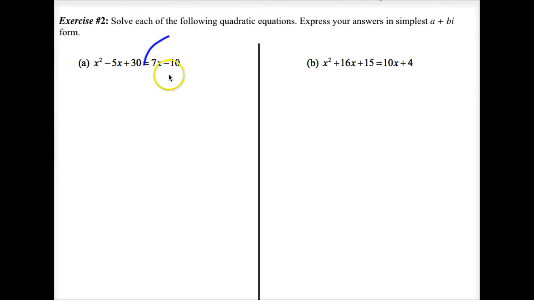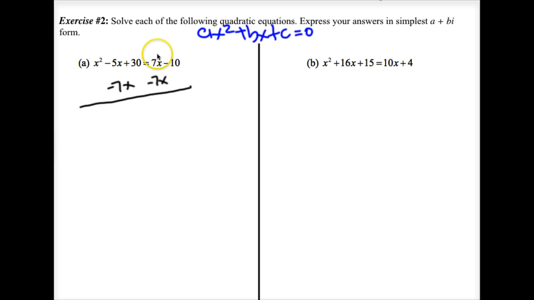Now, when I want to do this, my goal is to get my equation in the form ax squared plus bx plus c equals 0. So I am going to go over this one step by step. Minus 7x on both sides. That cancels. You're left with x squared minus 5 minus 7 is minus 12x plus 30 equals 10.